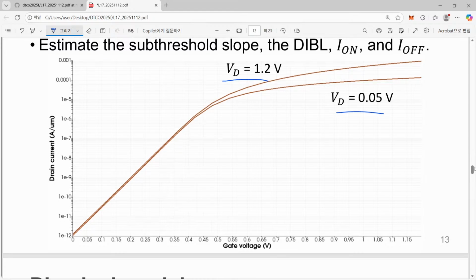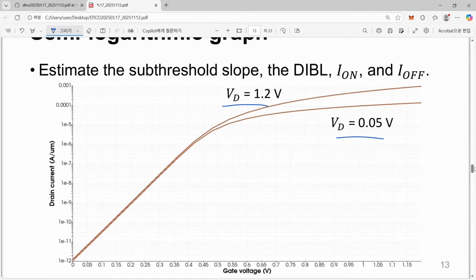Because from this curve you can find many important points. One is this point. In this case, what is the gate voltage? Gate voltage equal to VDD. And what is the drain voltage? Drain voltage is also VDD.